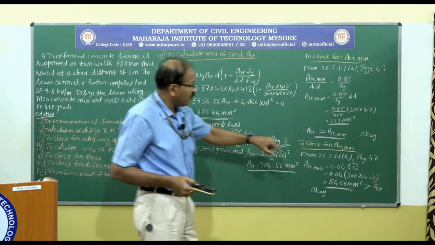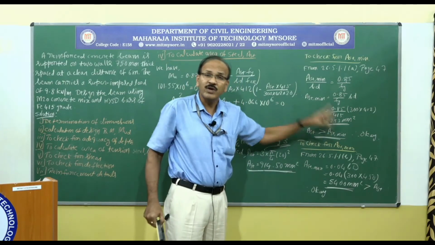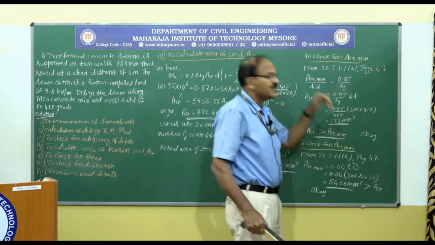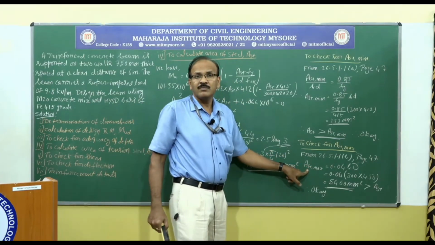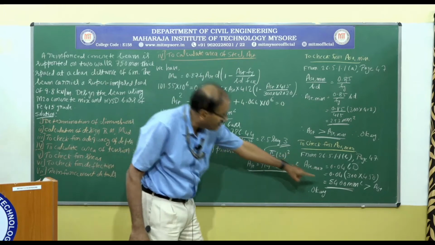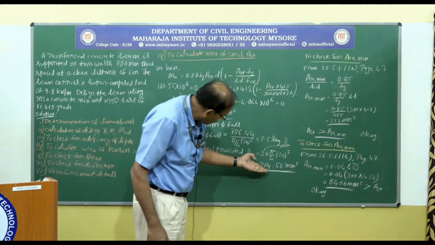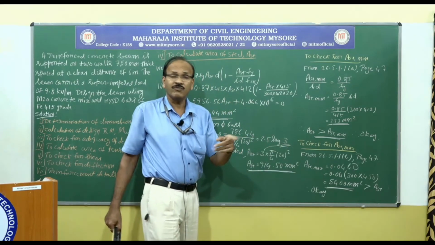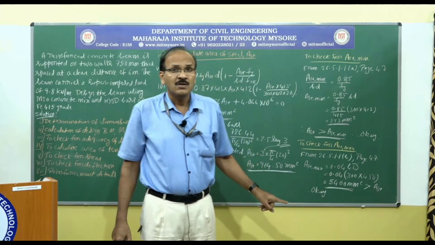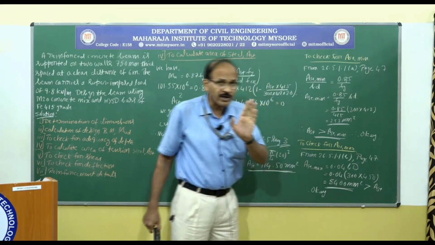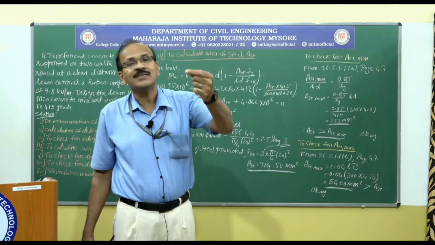In the previous case, I am going to remind once again, in case this value goes below Ast minimum, we go ahead and give at least this much area. But when you check for Ast maximum, in case this value goes beyond 5400 millimeter square, say 5500 millimeter square, which is greater than 5400, you should not go ahead and provide it. Instead, you have to go back and increase the section size.